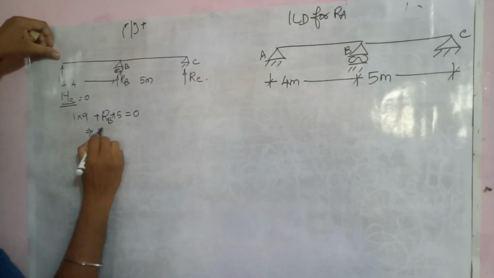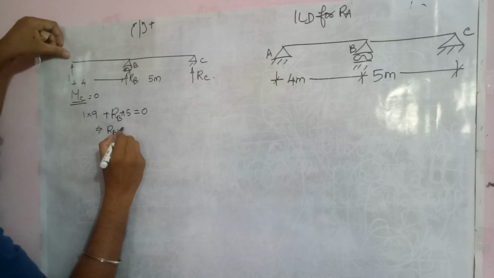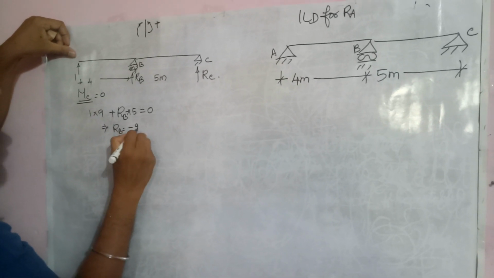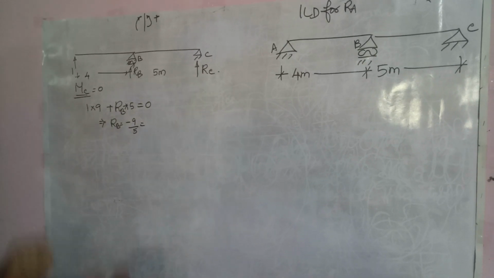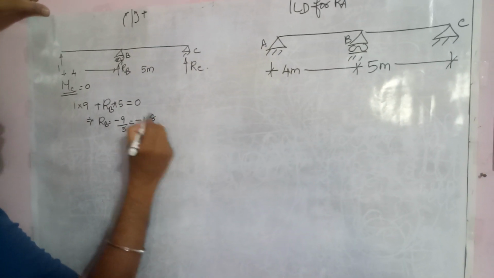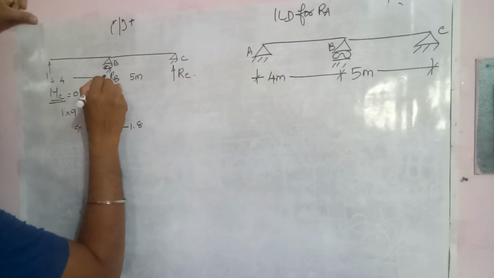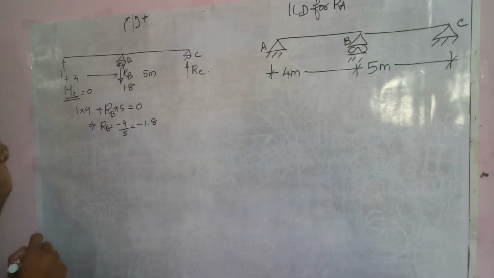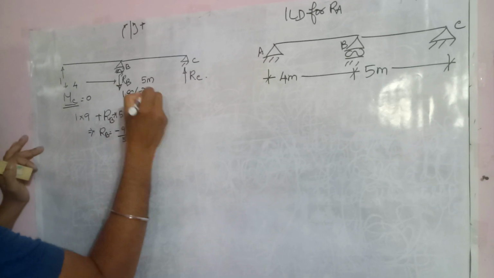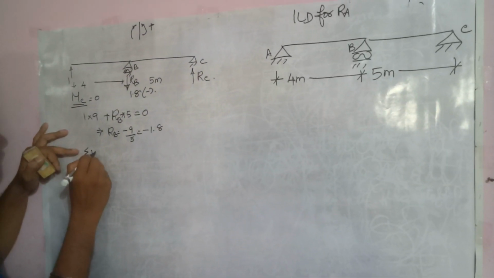Which you can say RB is minus 9 by 5, which is minus 1.8. This shows that RB is not in the upward direction; RB is in the downward direction, which is 1.8. So it's minus. Now you take summation V equals 0.